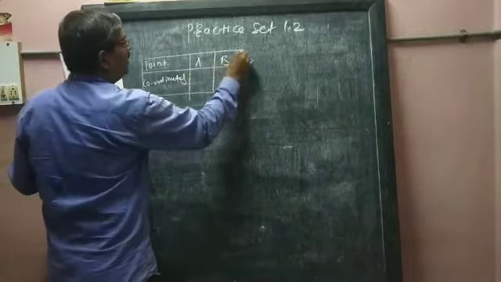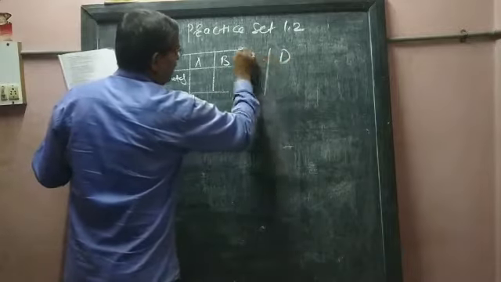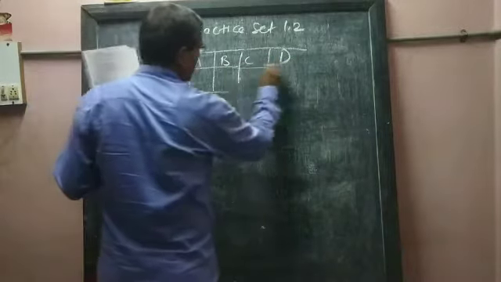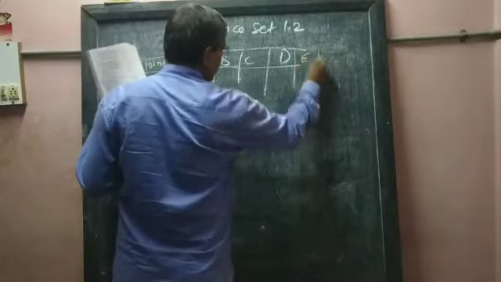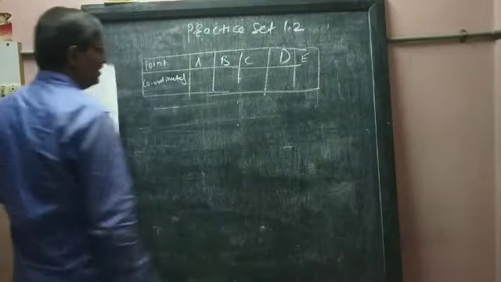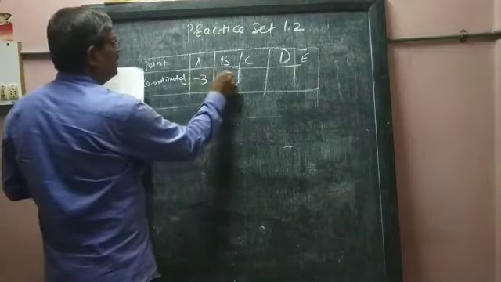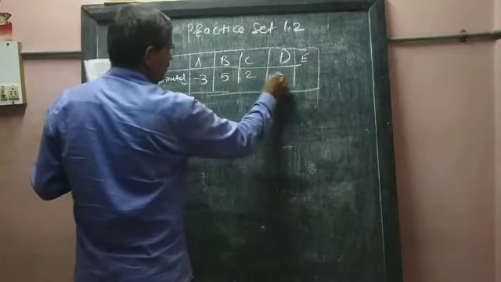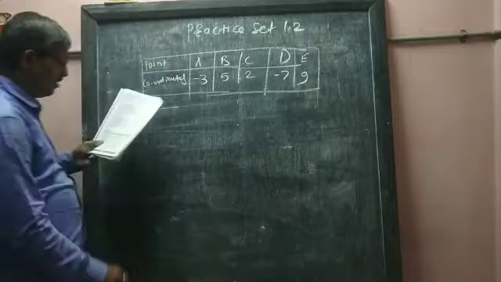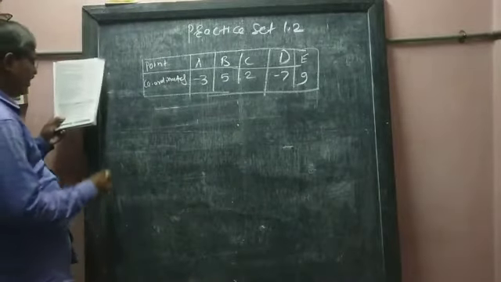A, B, C, D, up till E are the points, and -3, 5, 2, -7 and 9 are the coordinates.